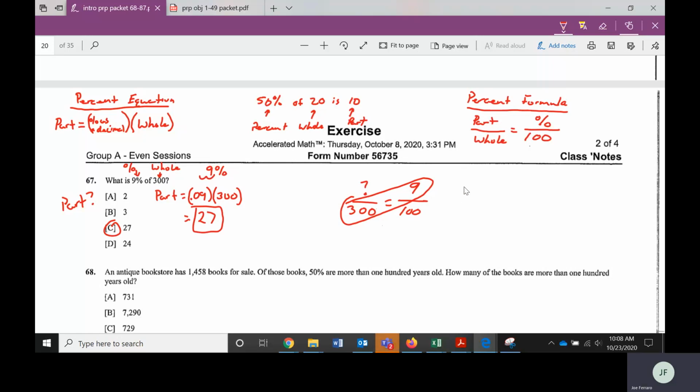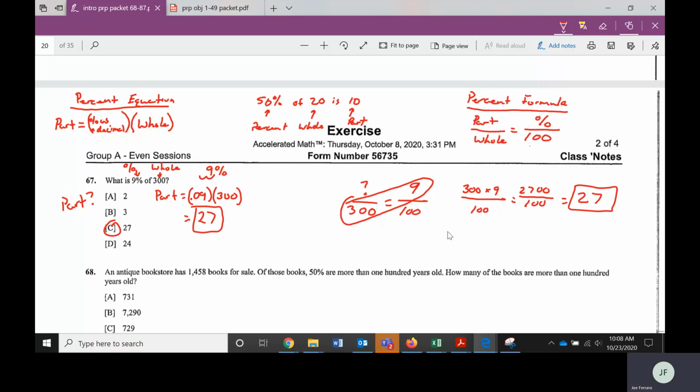You would take 300 times 9 and divide it by the other number, which is 100. So you multiply here, you get 2,700, divide by 100, and you get the same answer, 27. So 9% of 300 is 27.